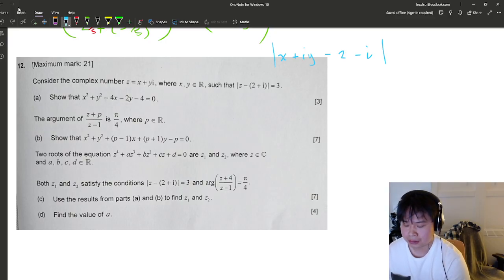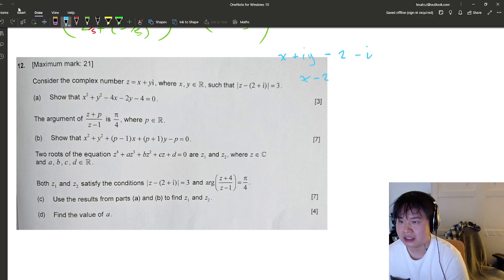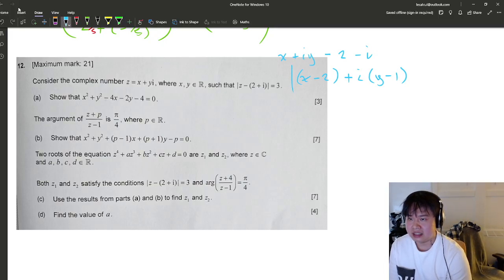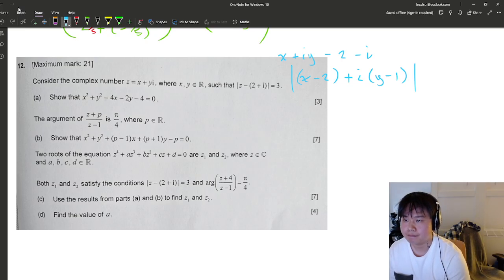So we are going to group the real part and imaginary part together. So that's x minus 2, plus y minus 1 (times i). Take the length of this. That means that we square and add the components.